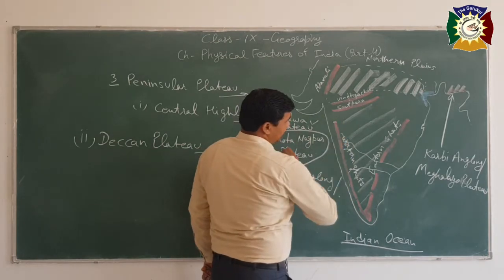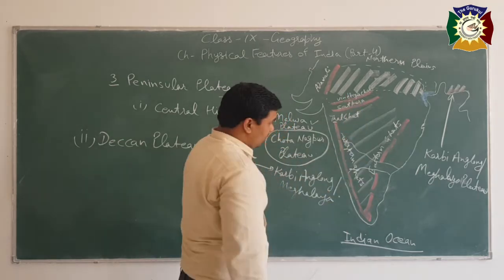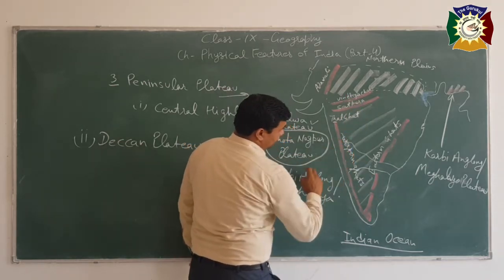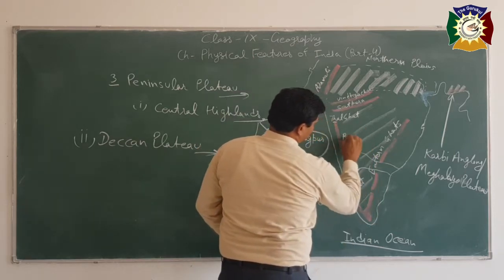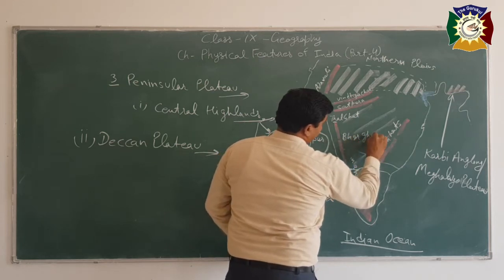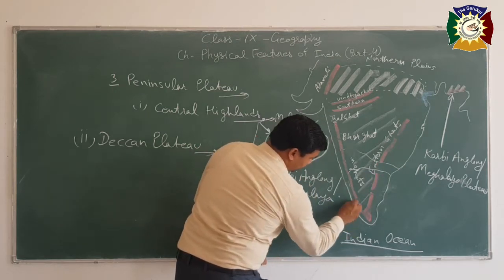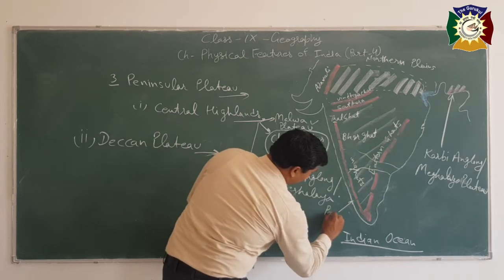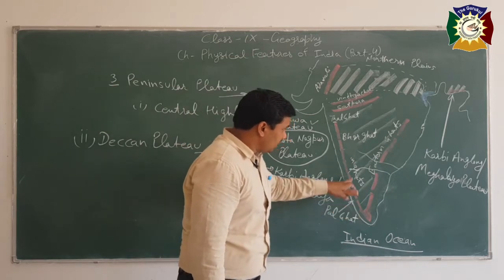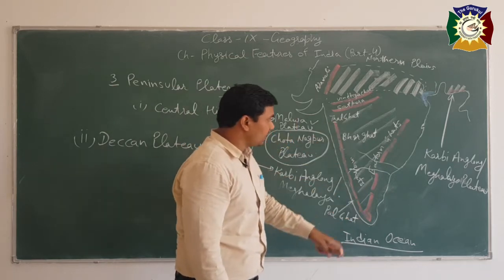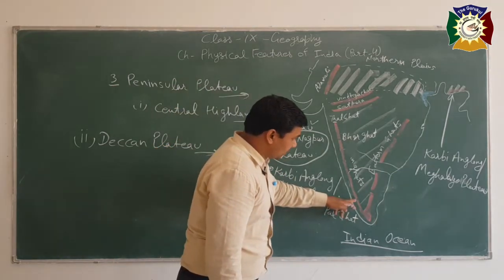Here Thal Ghat, here this gap is known as Bhor Ghat, and here in the south again one gap is known as Pal Ghat. Actually these 3 locations in the Western Ghat have low altitude. Low altitude means the gap lies here.